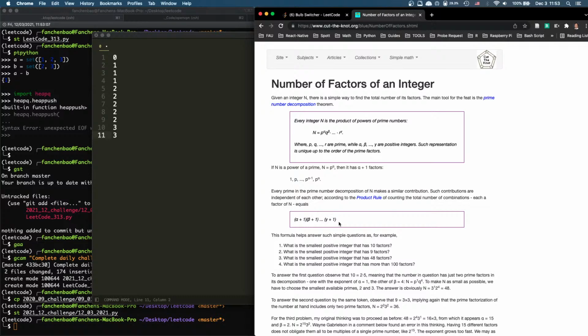Okay, so yeah, that makes sense. So what we have, for 12, is 2 to the second times 3. So it's going to be 2 plus 1 times 1 plus 1, right? So that's 3 times 2, that's 6. So 12 will have 6 unique factors, including 1.